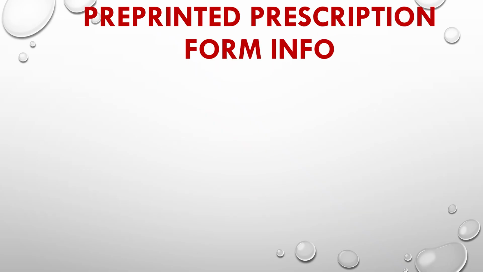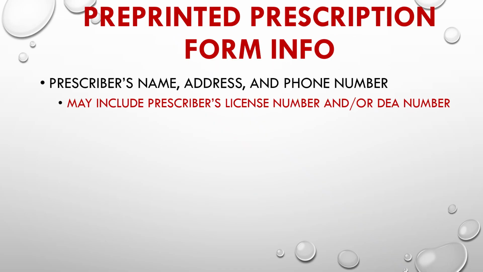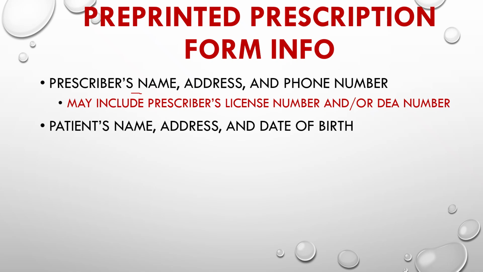Now, what information has to be on that form? So the prescribers, and this is on the prescription, not the drug itself. So on the prescription that's being provided to the pharmacy, the prescriber's name, their address and phone number. Sometimes it might have their license number or the DEA number if it's a narcotic.